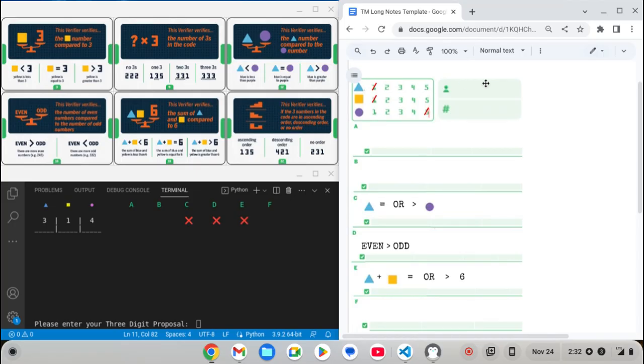Let's see, what about 4 for circle? I guess you could have circle be 4, because triangle could be 5. So I think that's okay. Okay, well, I don't think we can cross out anything else.